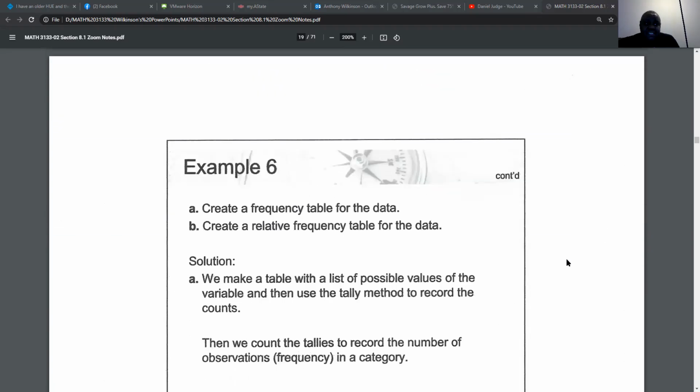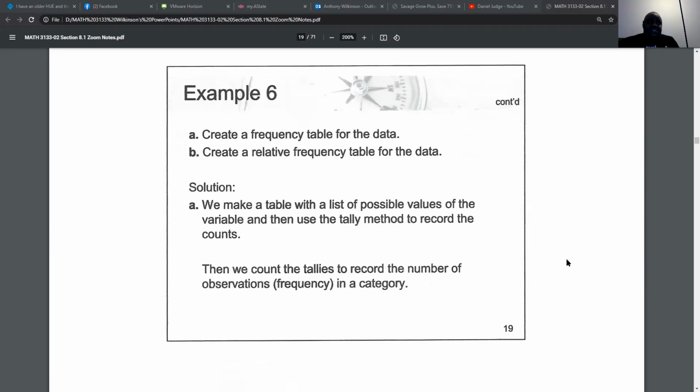So here on this next slide, let's say we want to create a frequency table for the data and create a relative frequency table for the data. Here we have to make a table with a list of possible values of the variable and then use the tally method to record the counts. And then we count the tallies to record the number of observations or the frequency in a category.